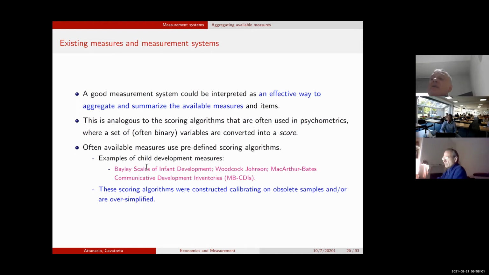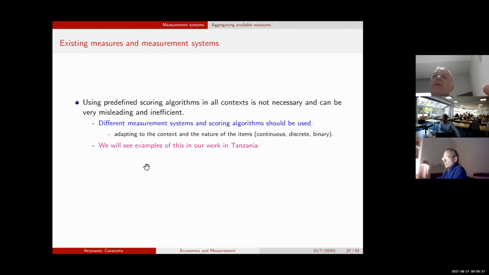I guess what I'm trying to say is different signals, different markers have different information about the parameters, the factors we're interested in. They might have different betas in the equations that I put on the slide earlier. And there is no need to use the standard algorithm. You can go out and estimate your own measurement system. And indeed, now, even Stata does that for you.